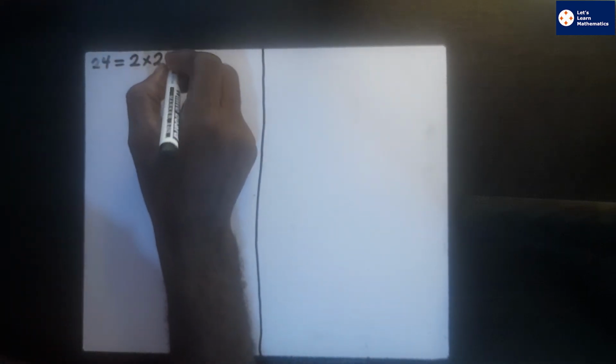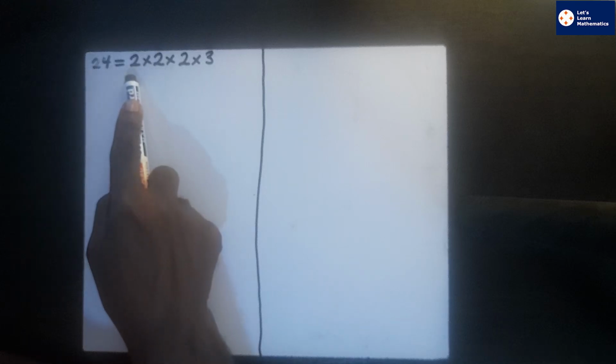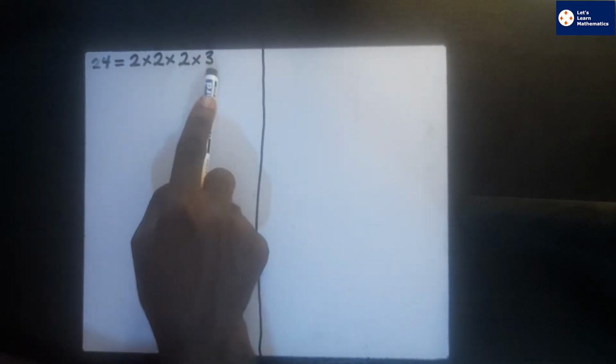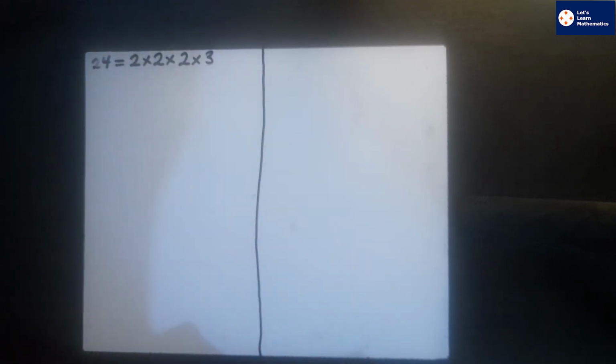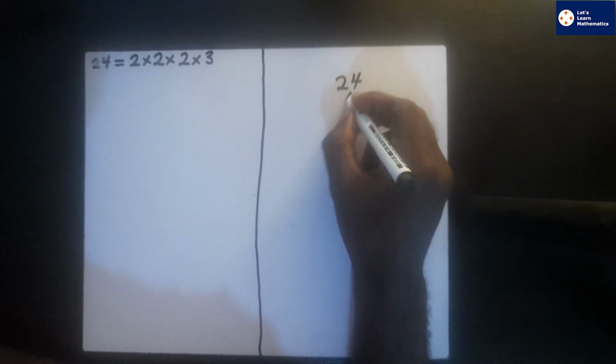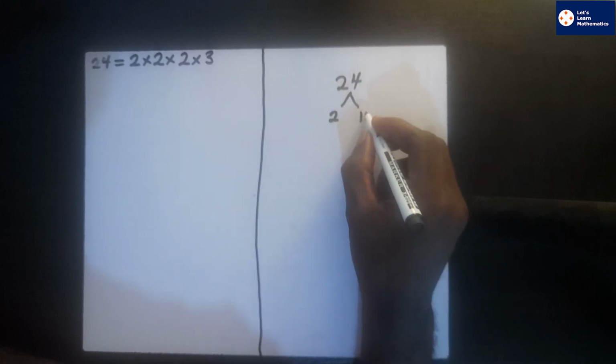24 can be written in the form 2 times 2 times 2 times 3. So this is 2 times 2 is 4, 4 times 2 is 8, 8 times 3 is 24. You can even use the factor tree to help you. If I have 24, I can write 24 as 2 times 12.